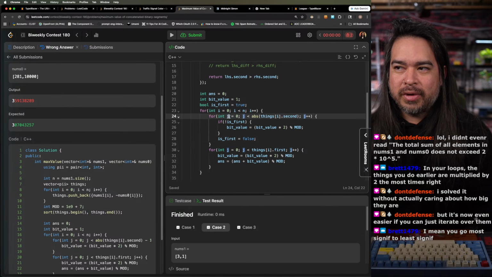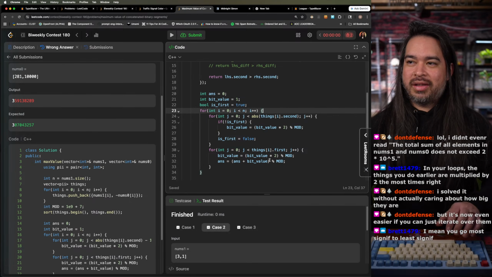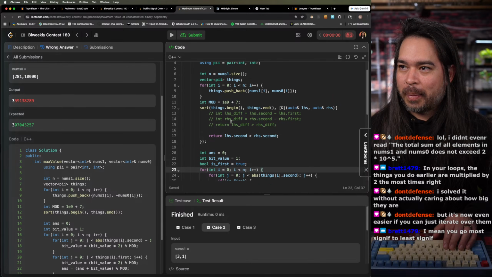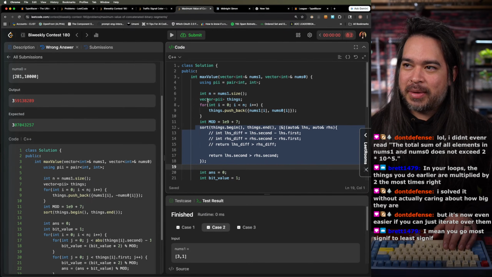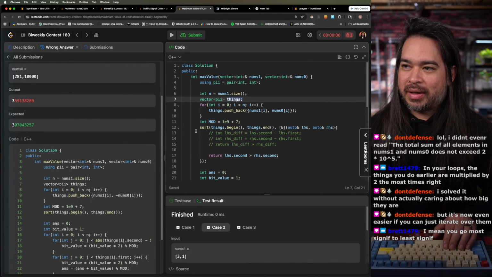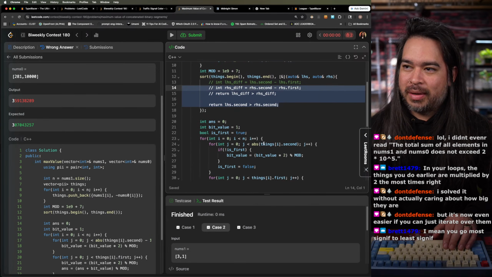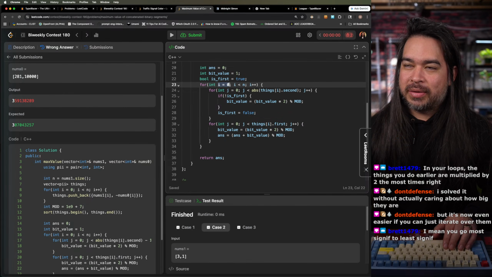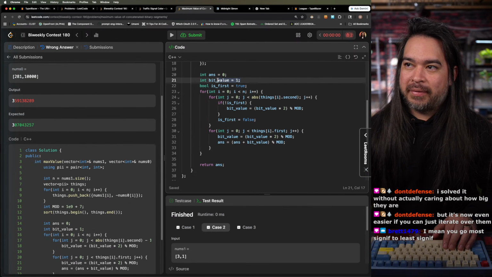Now, all right, maybe my code is real bad. So I zip them up. I sort them somehow, and then I'm iterating through them. And I'm imagining that i equals 0 is the least significant bit with a bit value of 1.